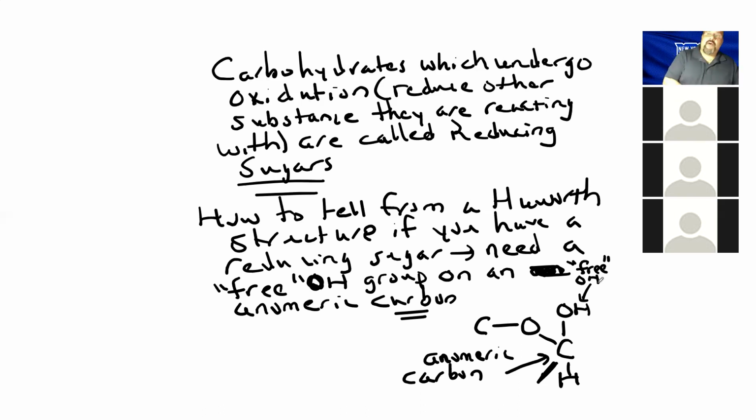You wouldn't be able to tell that from the Fischer projection. But based on this idea of finding a free OH on an anomeric carbon, you would be able to tell that fructose is a reducing sugar. So in reality, you should be able to tell from a Haworth structure of a monosaccharide and even a disaccharide, we'll talk about that in a few minutes, whether you have a reducing sugar or not.